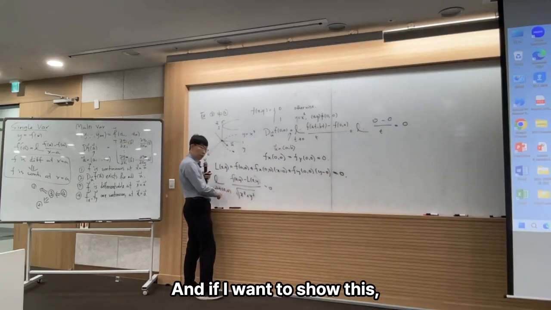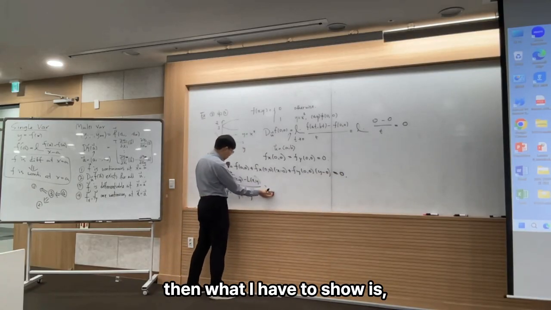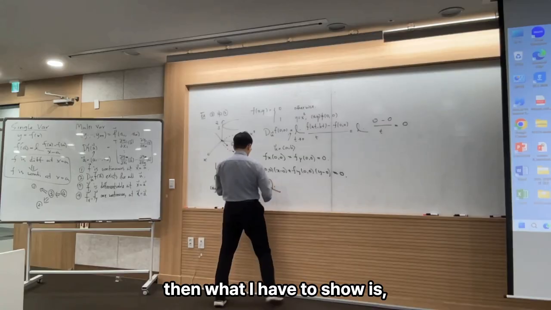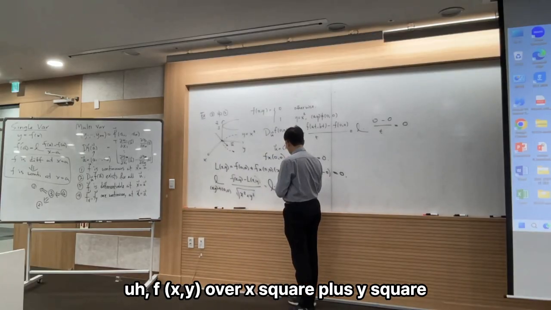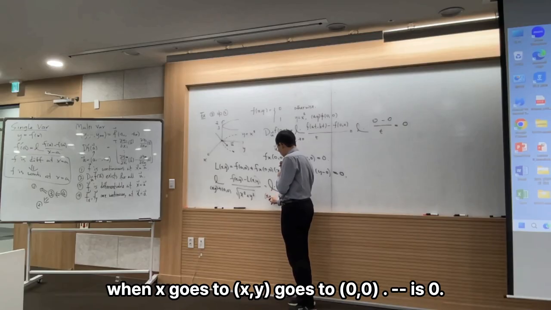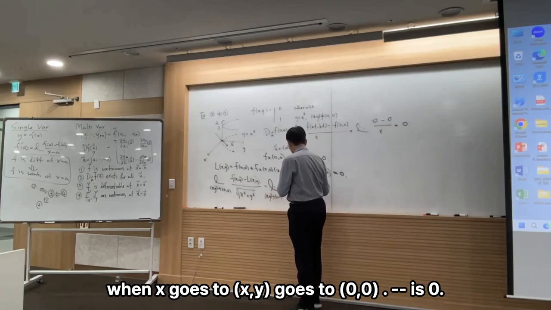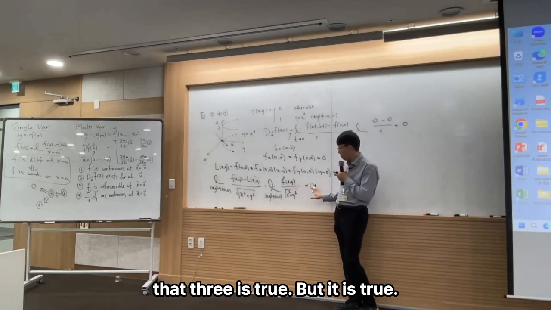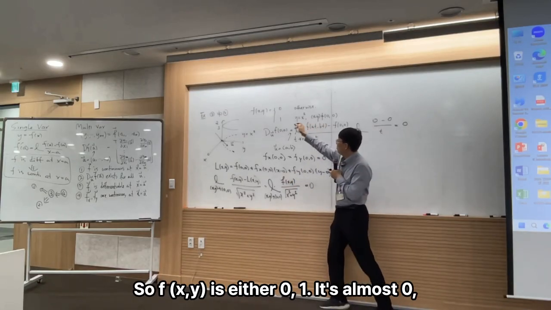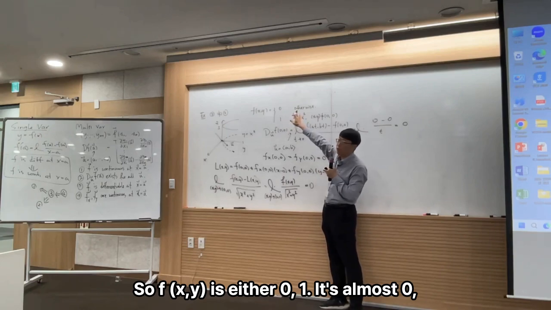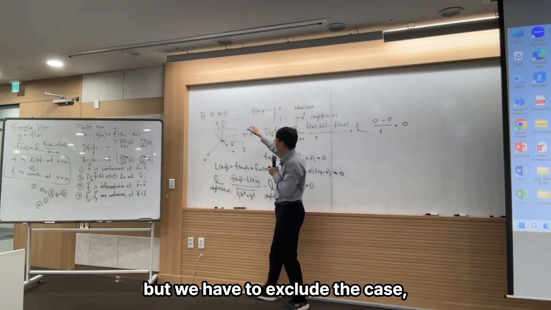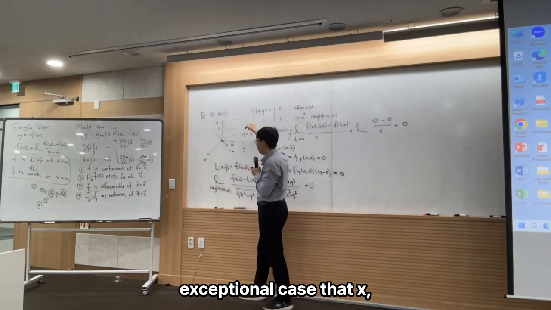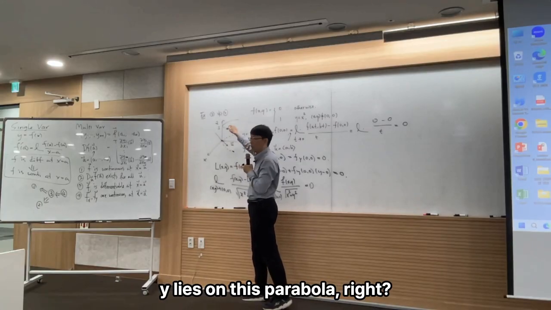And if I want to show this, then what I have to show is that f(x,y) over the square root of x squared plus y squared, when (x,y) goes to (0,0), is 0. I need this in order to claim that 3 is true. But is it true? f(x,y) is either 0 or 1. It's almost 0, but we have to exclude the exceptional case that (x,y) lies on this parabola, right?